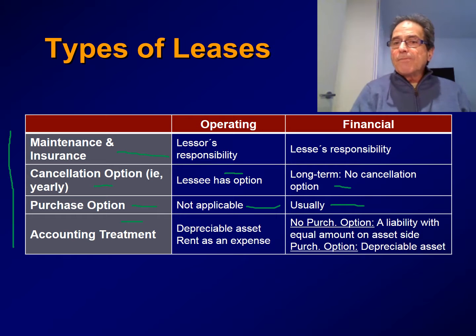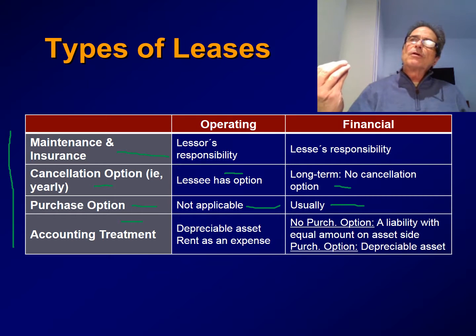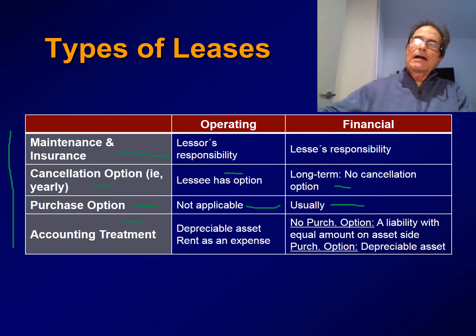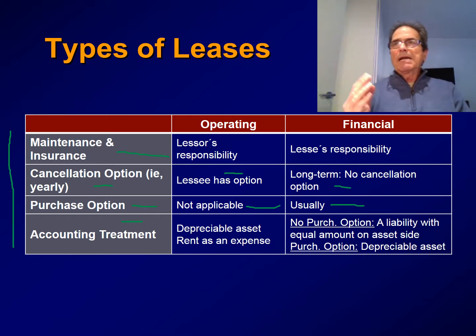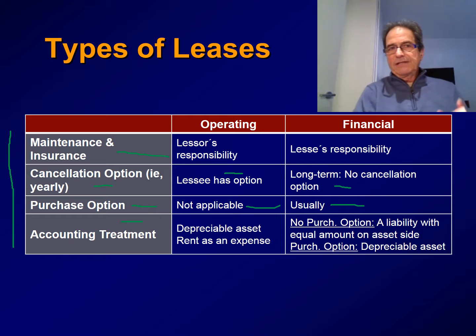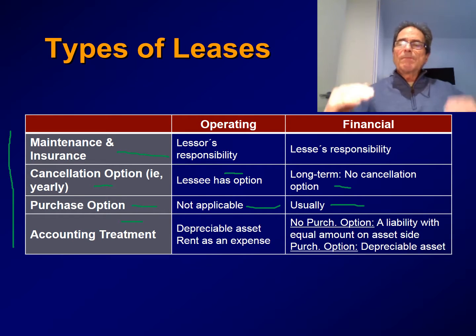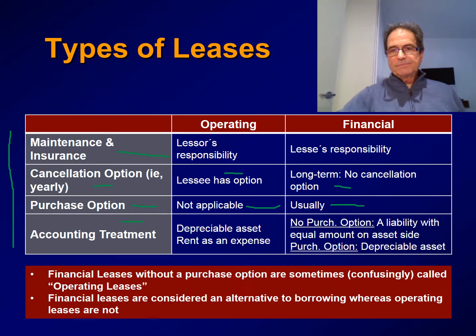If there is no purchase option for the property at the end, simply the future payments for the lease are accounted for as a liability. Basically, the present value of the future lease payments are accounted for as a liability in the balance sheet, and there is an asset of the same quantity on the other side of the balance sheet. And these amounts decrease as we approach the maturity of the lease.